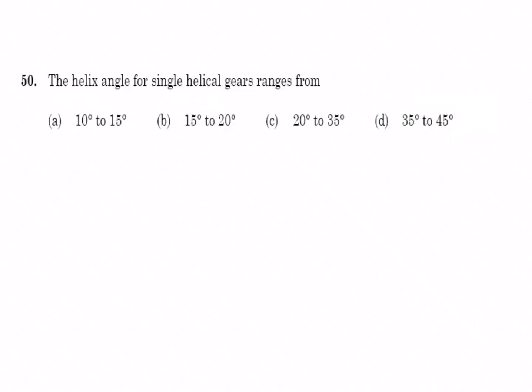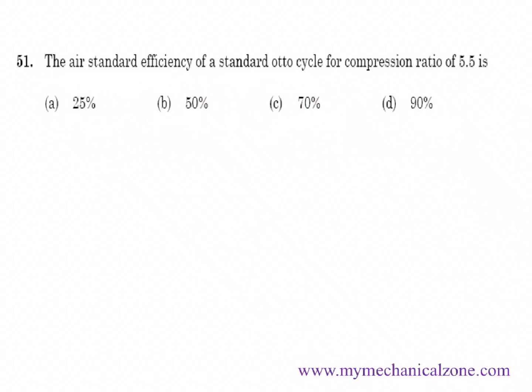The helix angle for single helical gears ranges from 20 degree to 35 degree. C is your correct answer. The air standard efficiency of a standard Otto cycle for compression ratio 5.5 is how much? So RC value given, it's 5.5. Efficiency of Otto cycle, put the values.